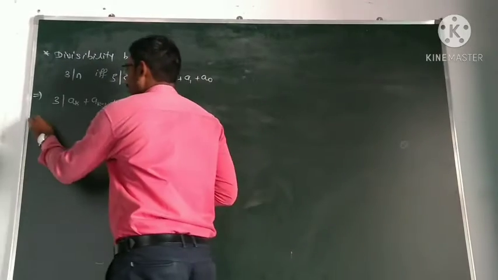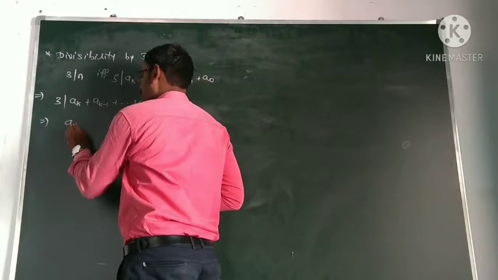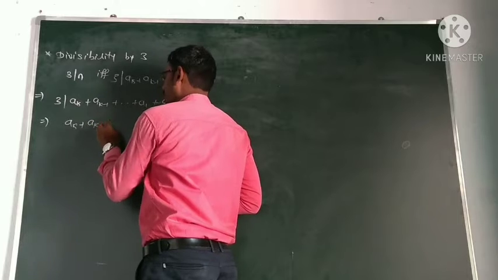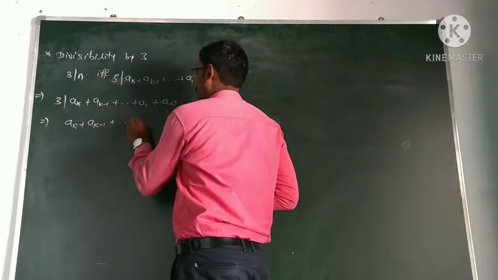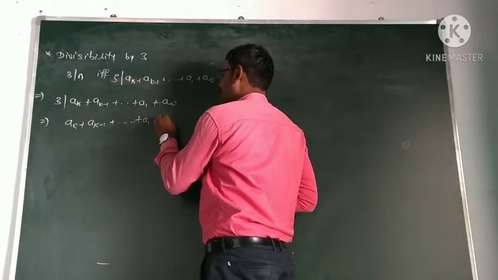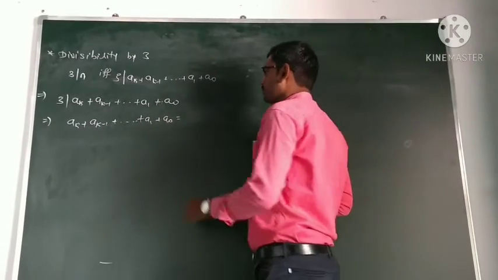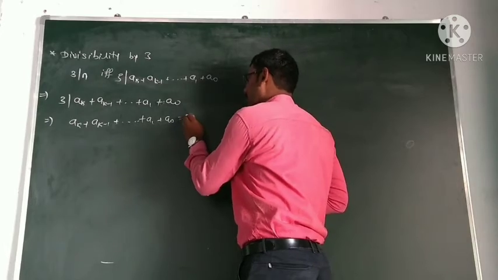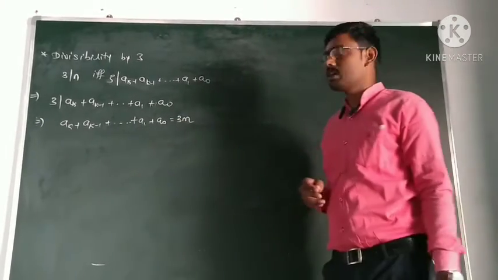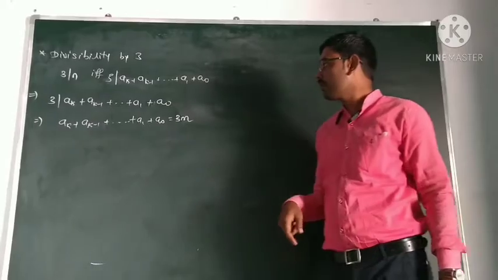This implies ak plus ak minus 1 up to a1 plus a0 is equal to a multiple of 3, or 3 times m.